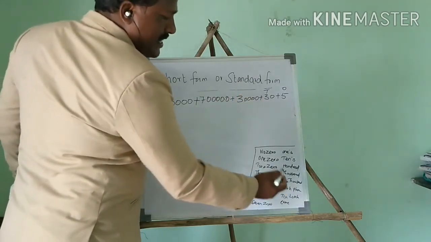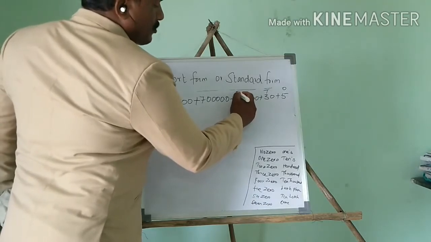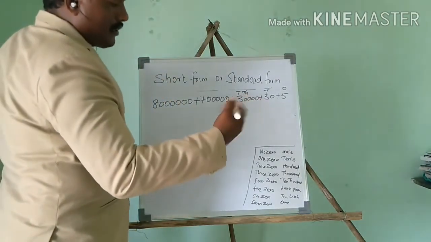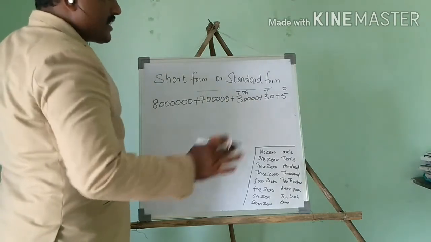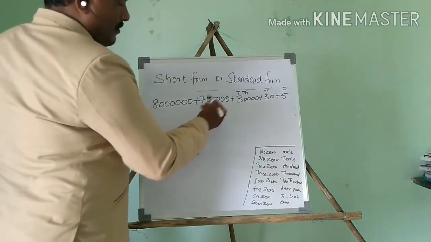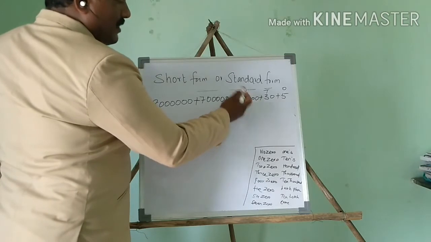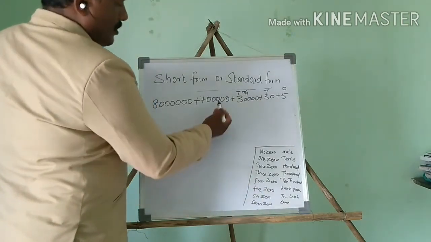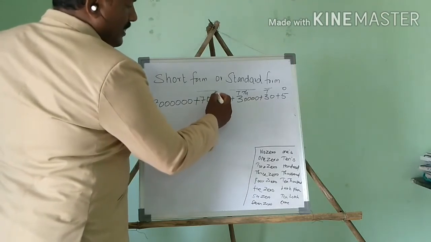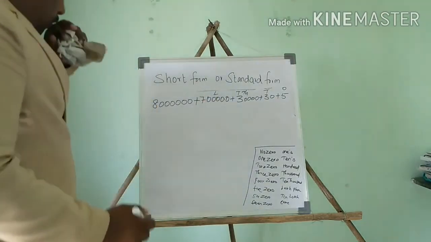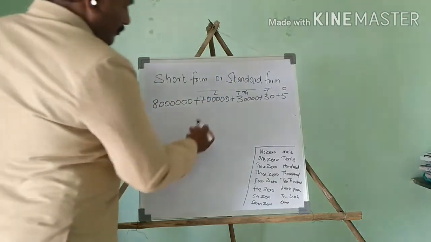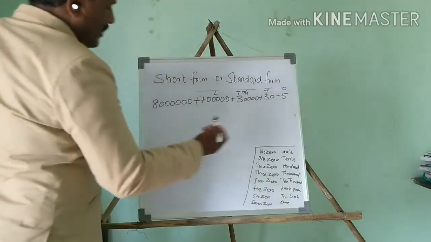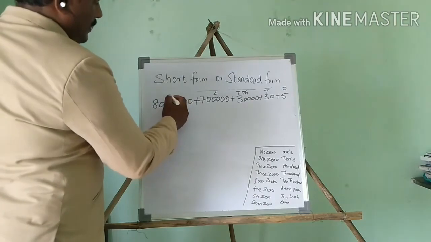So 40 means it's a 10,000 place. But the lakh place is missing. Then after 10,000, what is the place value? Lakh. So lakh, how many zeros? 50. So it's a lakh place. Then next, 10 lakh place. How many zeros? 60. Okay, it's a 10 lakh.